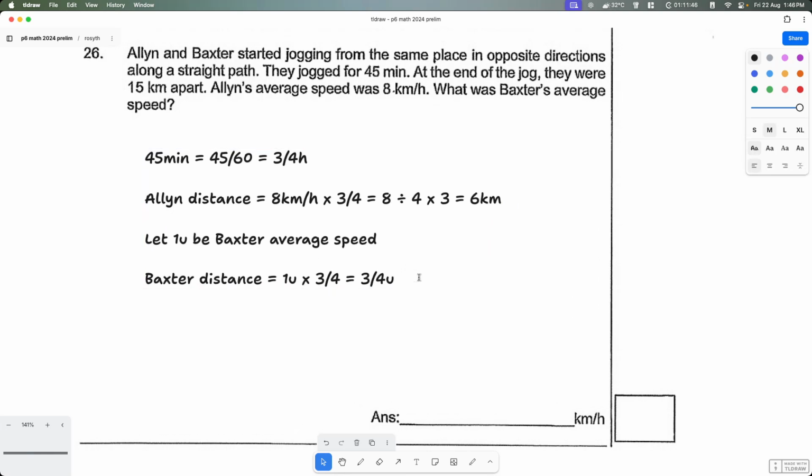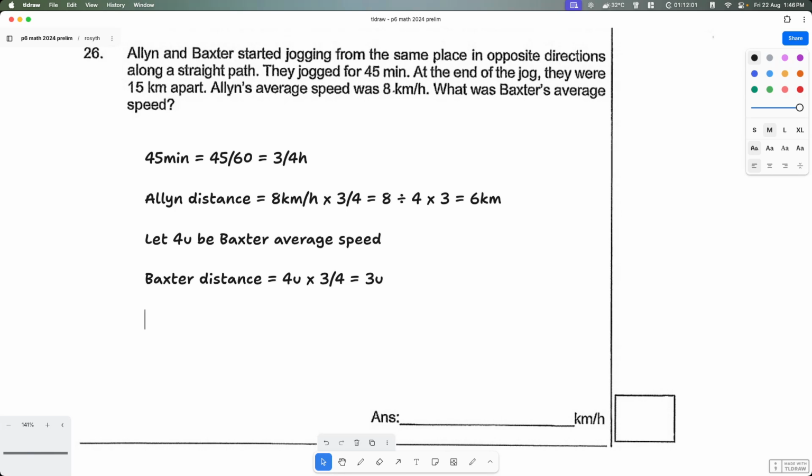Can I put this as 4 units as well, so it's easier? I'm a bit lazy. 4 units, this will be 3 units. So we want to get 4 units.